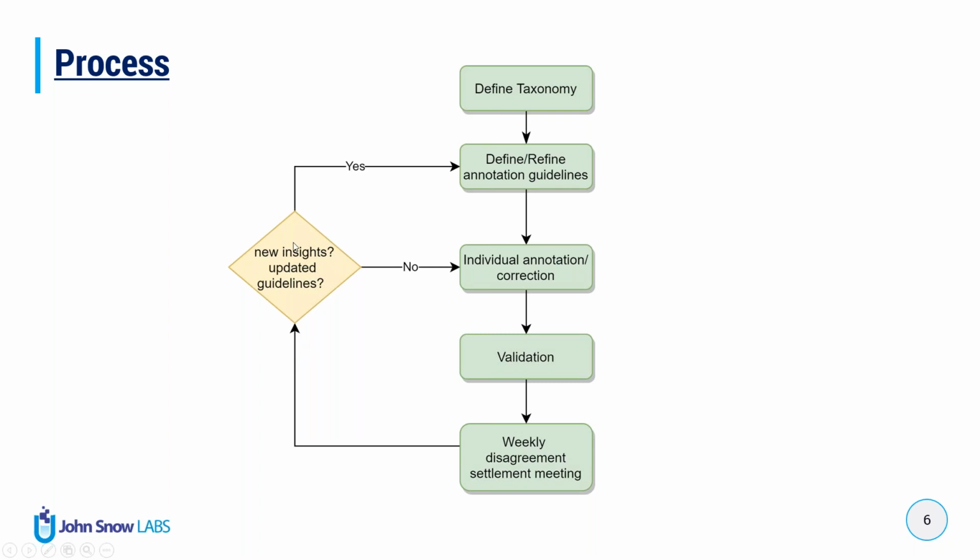If we take some decisions, for instance, I don't know, for the cancer diagnosis, also include the location of the cancer in the label, and so on. So we discuss those situations together, and we update the guidelines. Everyone aligns to those new guidelines.